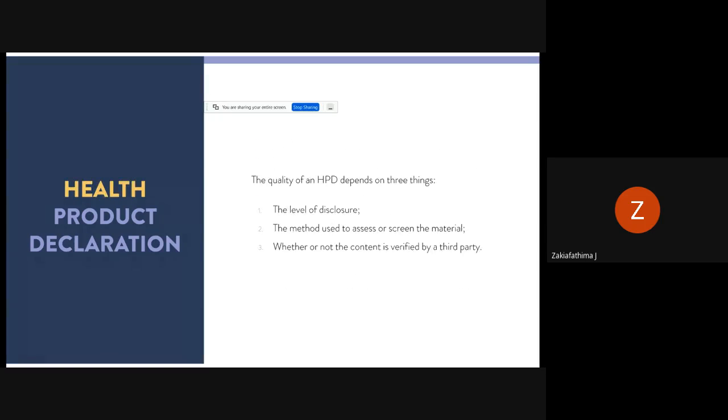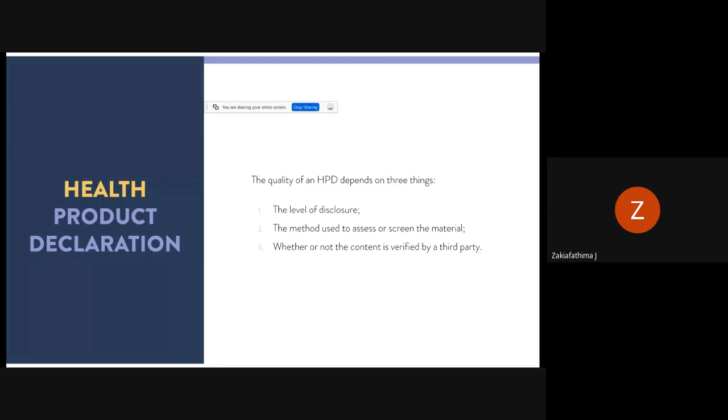For level of disclosure, the authority in charge of this declaration will check what all the steps are that are involved in the production of this sustainable material.